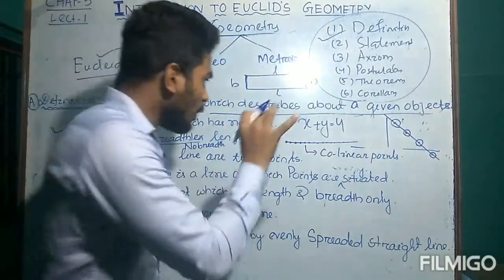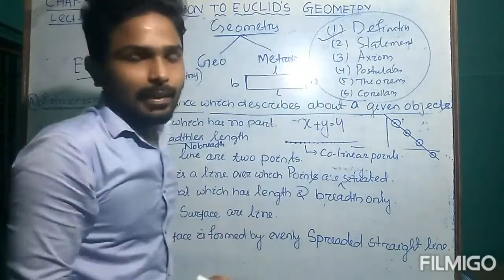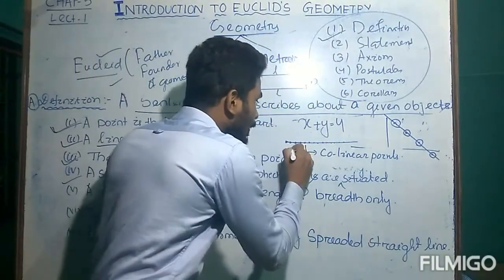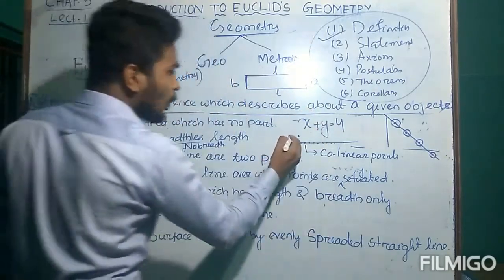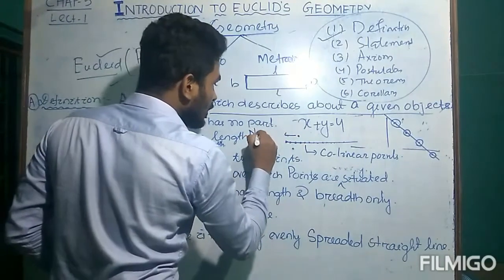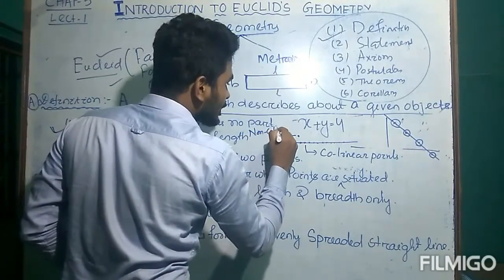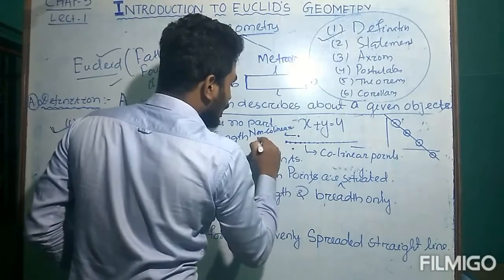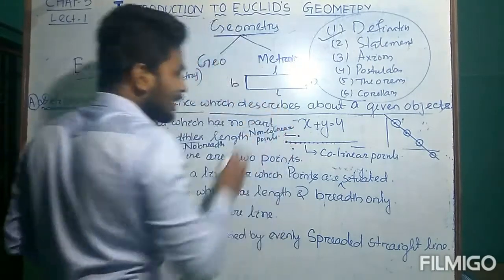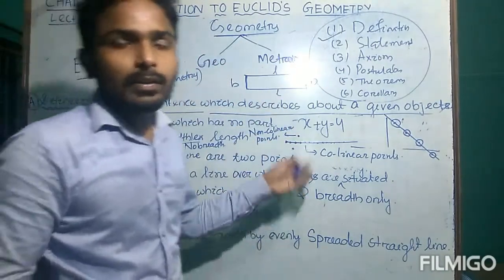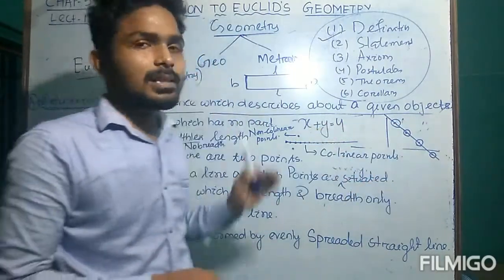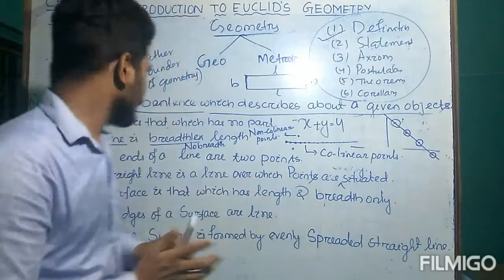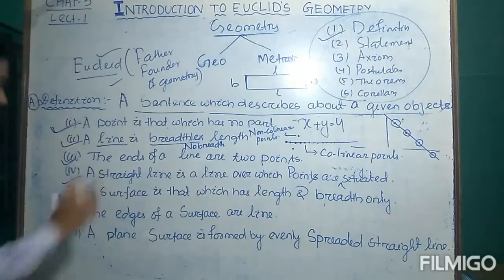But if some points are not lying on this line, if they lie below the line or above the line, then those points are known as non-collinear points. Clear? So the points which lie on the line are collinear and which do not lie on it are non-collinear points.